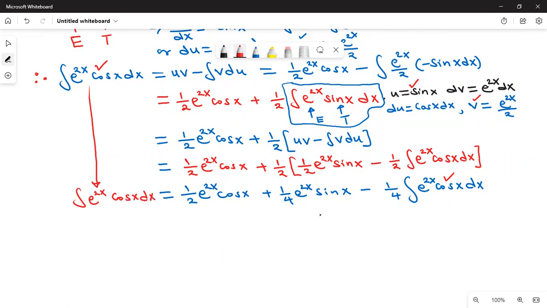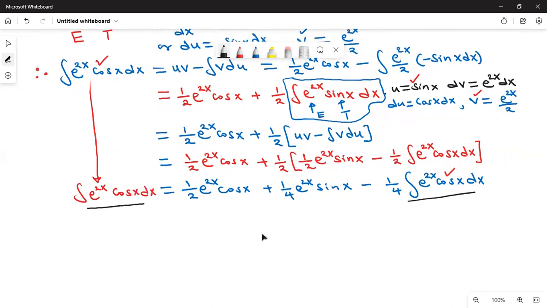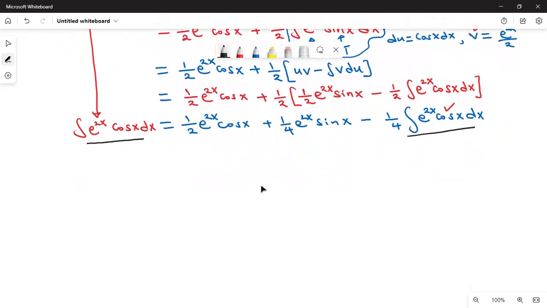So this integral and this integral are like terms. I am going to take those integrals to the left-hand side and then simplify. Then we see what we are going to get. So let me take this to the left-hand side. What are we going to get?